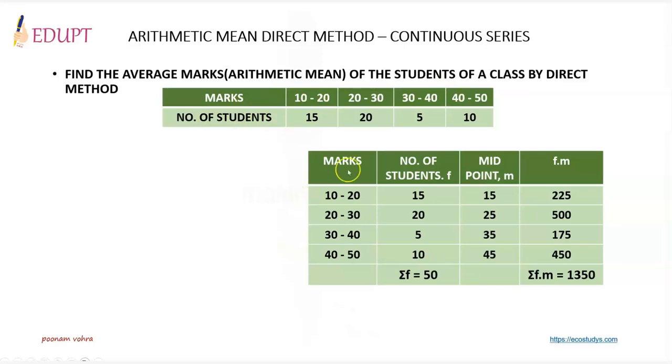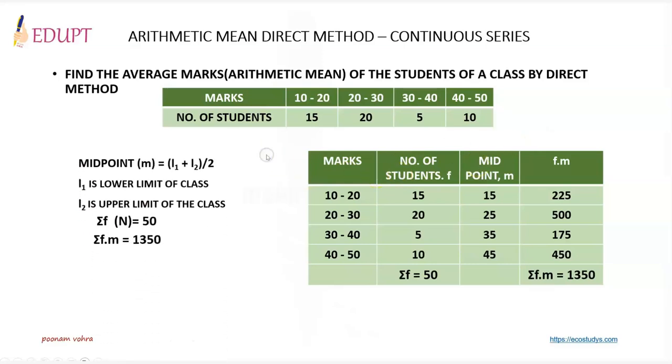We need to make a table with 4 columns: marks, number of students, midpoint and fm. To find the midpoint, it is (L1 plus L2) by 2, where 10 is the lower limit L1 and 20 is the upper limit L2. 20 plus 10 is 30, divided by 2, so the midpoint is 15.